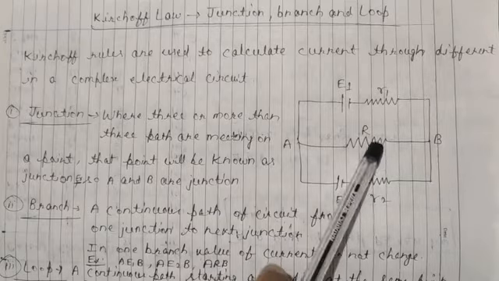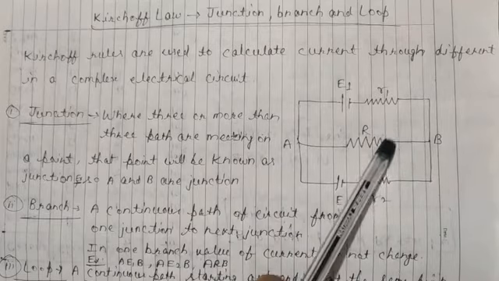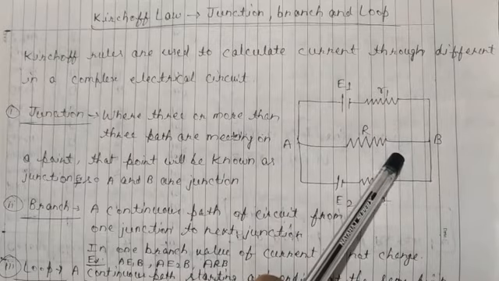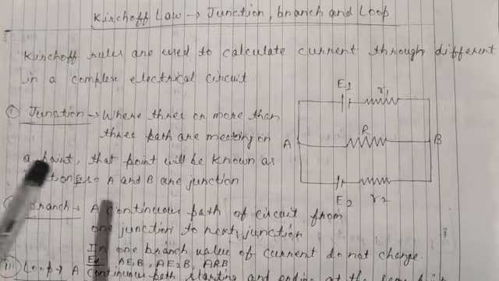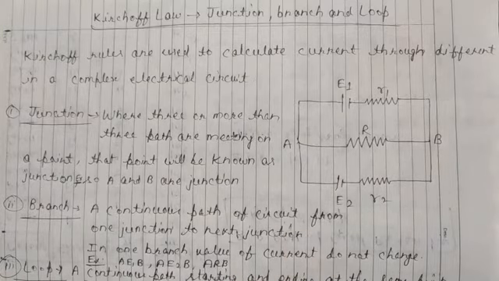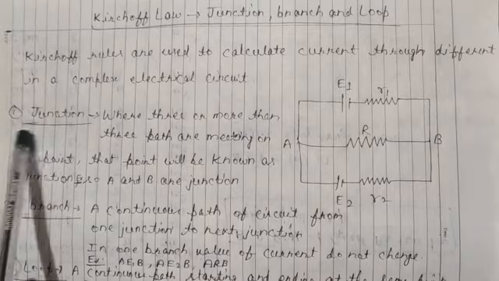A very simple but complex circuit is given here, and with the basis of that, before we go to Kirchhoff's rule, I want to introduce you to the three terms which we are going to use. Our first term is junction.